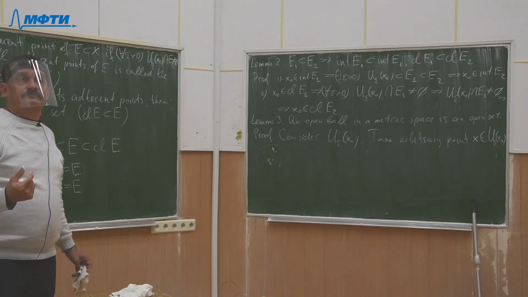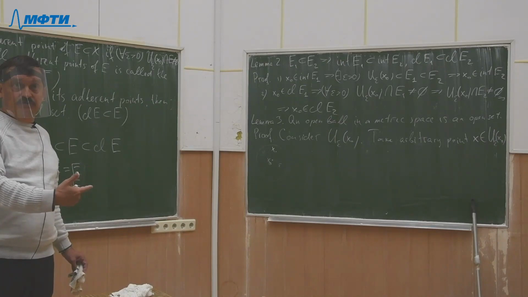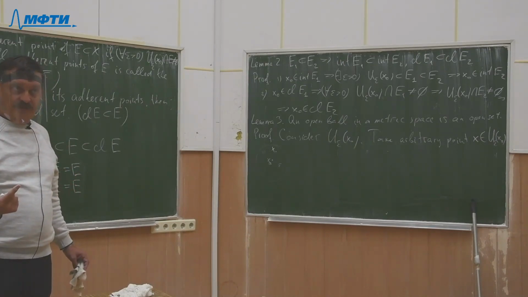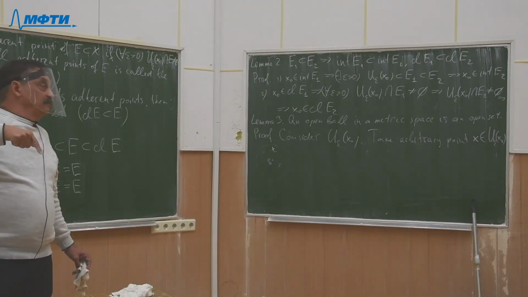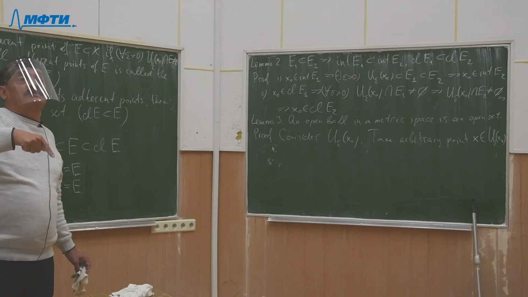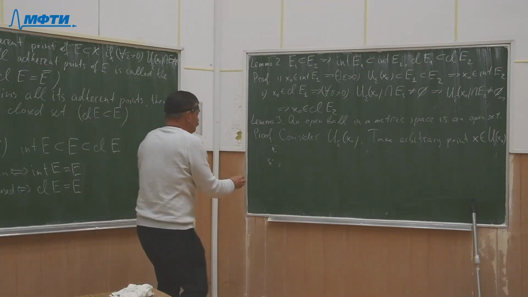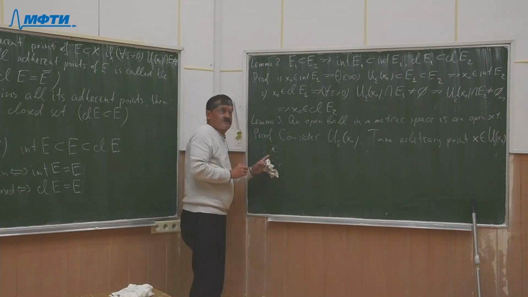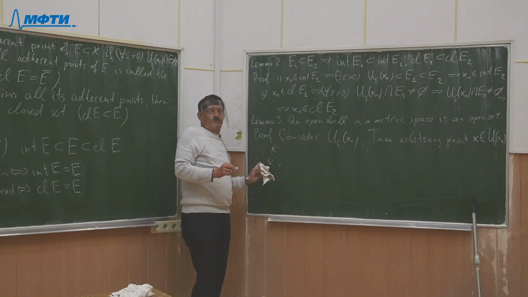To prove that something is open, we need to prove that an arbitrary point is an inner point. Inner means it belongs to our set together with a neighborhood. So we need to prove there is a smaller neighborhood, maybe, which is inside our given open ball.